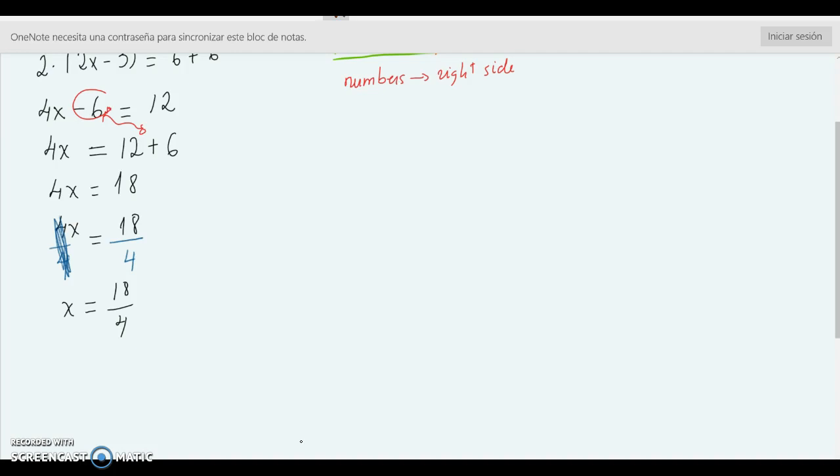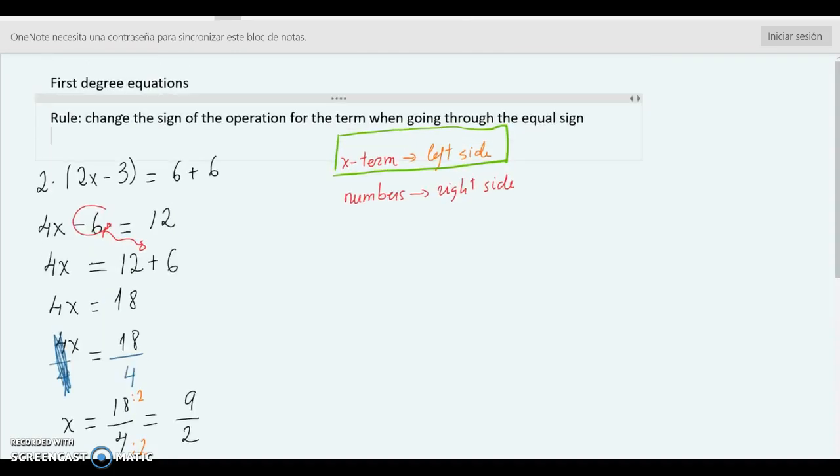To simplify the fraction, we look for the HCF of 18 and 4. The HCF is 2. So I divide 18 by 2 and 4 by 2. The final solution will be 9 halves. If you want to check that the solution is right, you have to go to the original equation and check it.